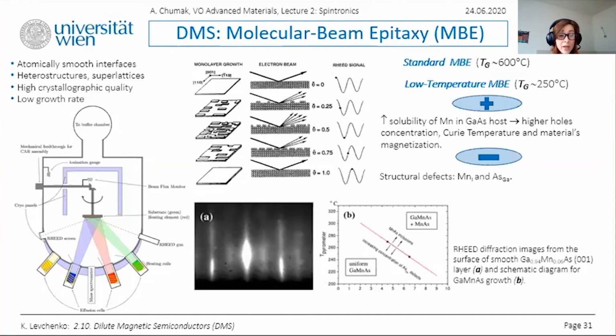It was investigated by many groups, including my previous group from the Institute of Physics, Polish Academy of Sciences. We have worked with gallium manganese arsenide with 6% of manganese. We have subjected it to various structural characterization techniques.